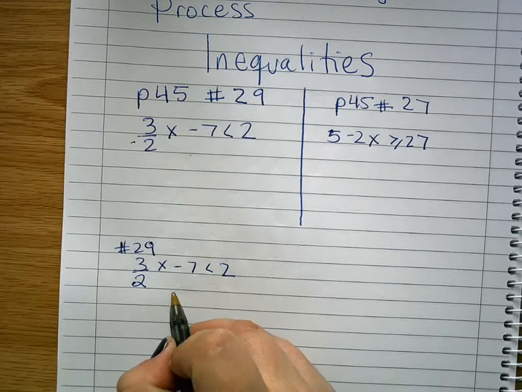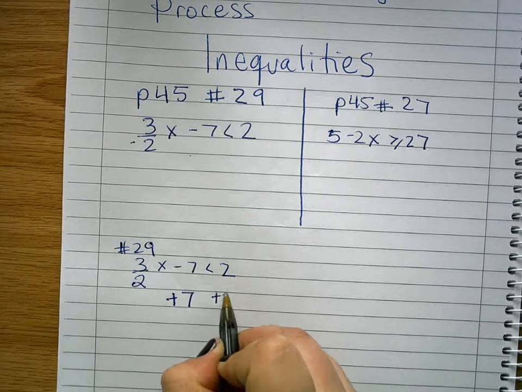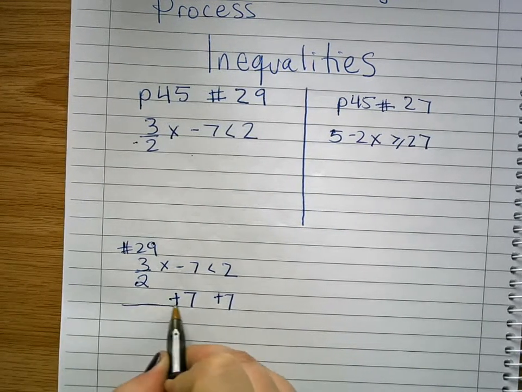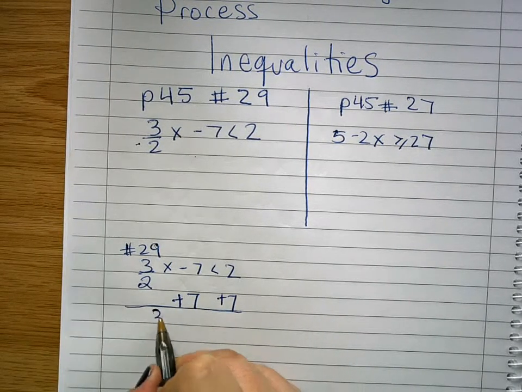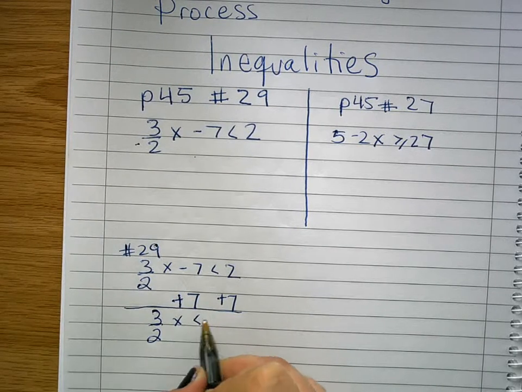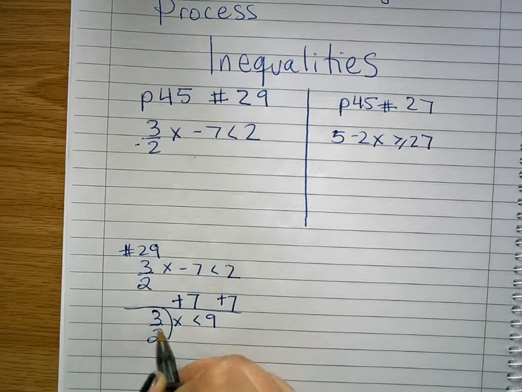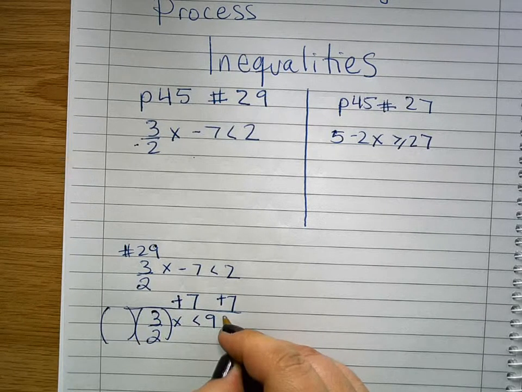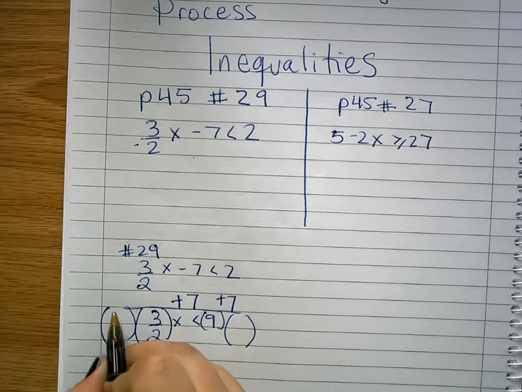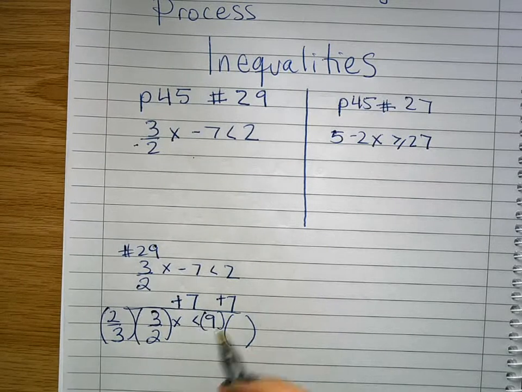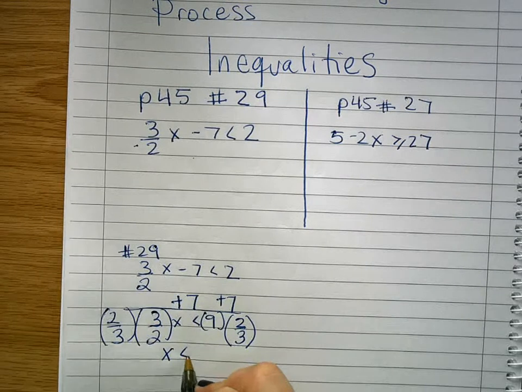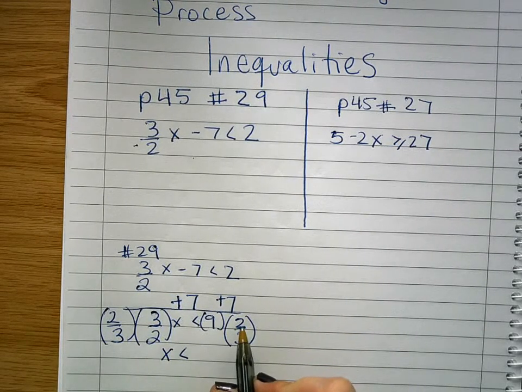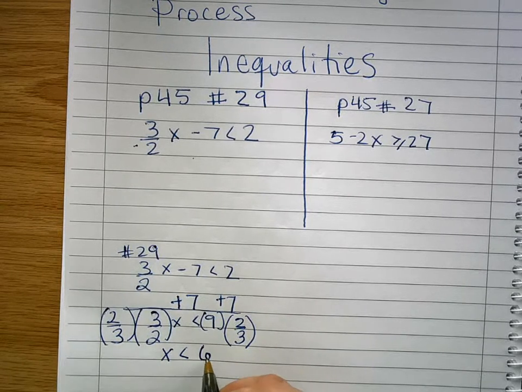When you're solving an inequality, the process looks very similar to solving equations. We add the 7 to both sides, and then we're going to multiply by the reciprocal of 3/2 to make 1, and then we multiply numerators, that's 18, divide by the denominator, that's 6.